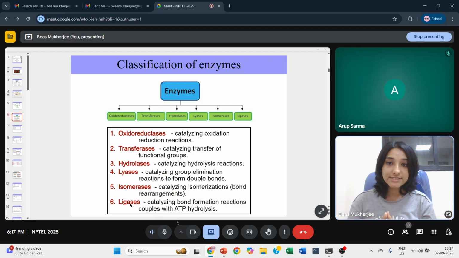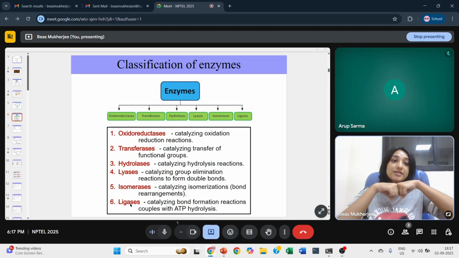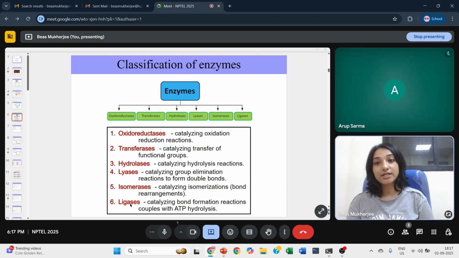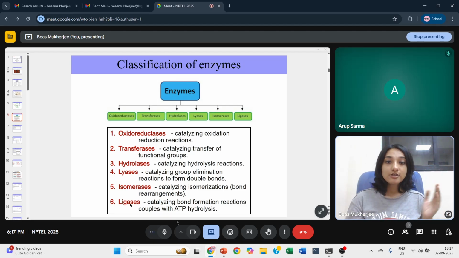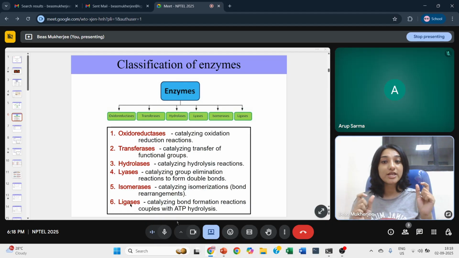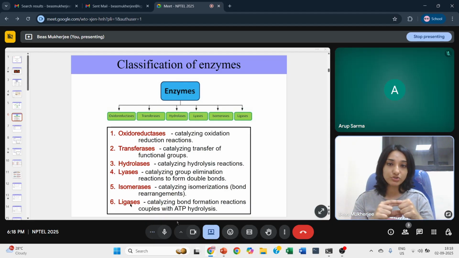Then there are hydrolases. Hydrolases catalyze hydrolysis reactions. That means a reaction where something is breaking up, that is hydrolysis, and water is used in that reaction. Then there are lyases. Lyases involve breaking of bonds, participating in elimination reactions to form double bonds.